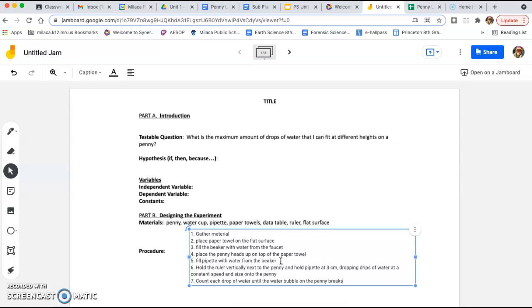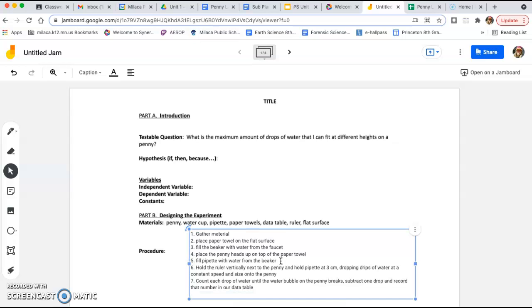But I asked you guys if that last drop counts or not, because did the penny really hold that last drop? And we decided no. So what we're going to do is subtract 1 drop and record that number in our data table.